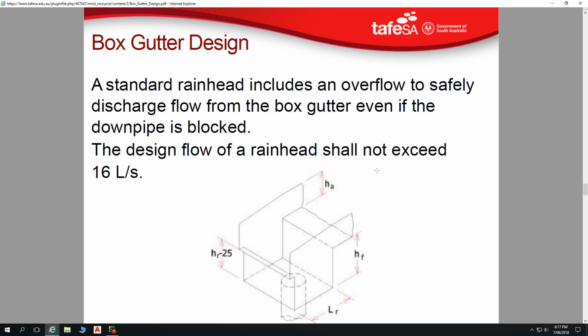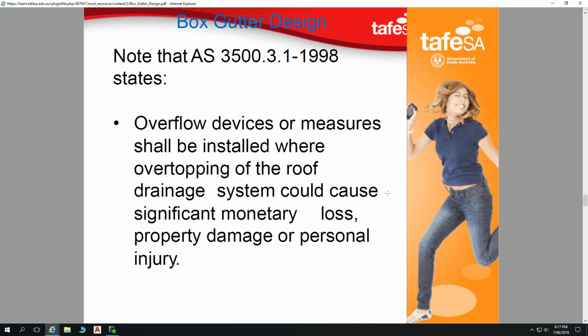So yeah, as we saw in the table or in the box gutter calculator before, for a rain head, the flow can't exceed 16 litres per second. So there are those limitations. So the box gutter calculator pulls you up on that.